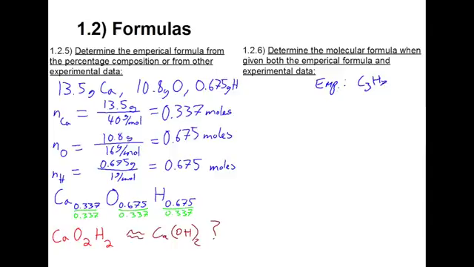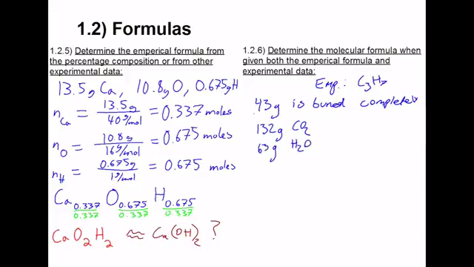So, first example, if you have an empirical formula, which is C3H7, and you know that 43 grams of this is burned completely, and then you know also that it produces 132 grams of carbon dioxide and 63 grams of water.